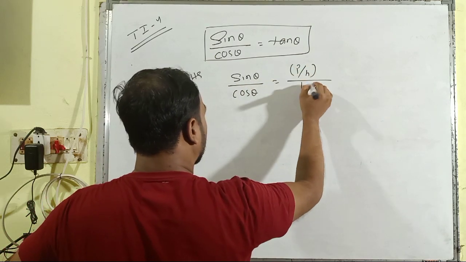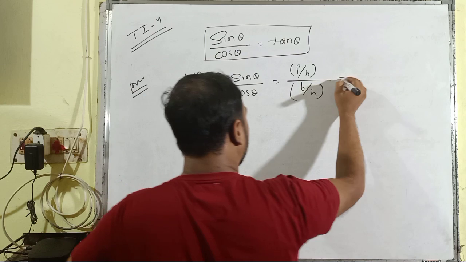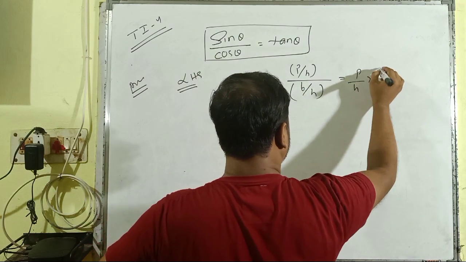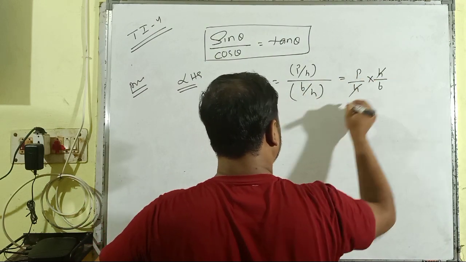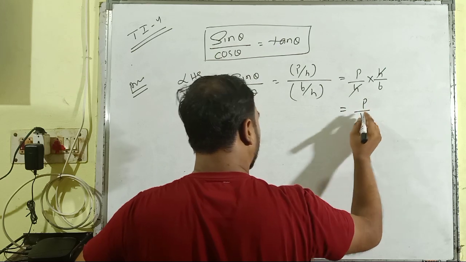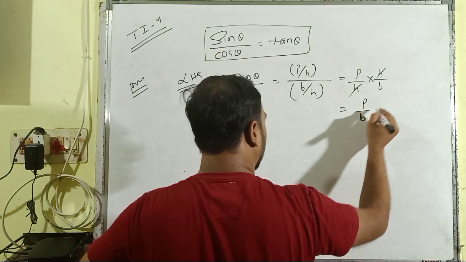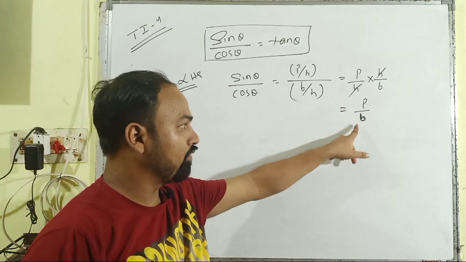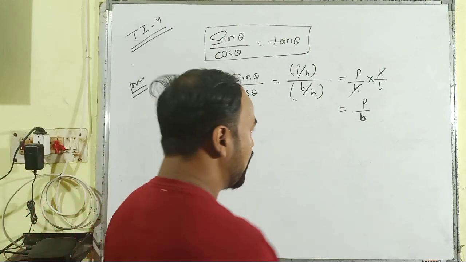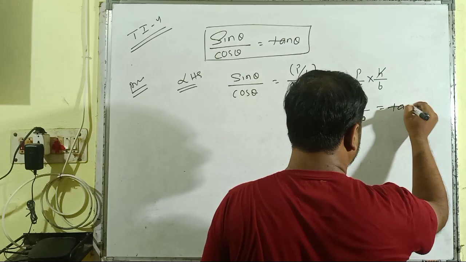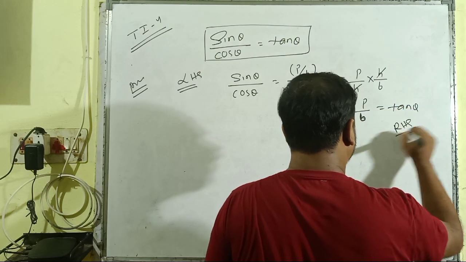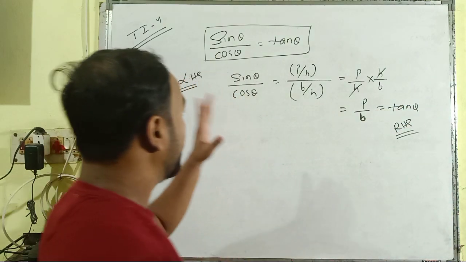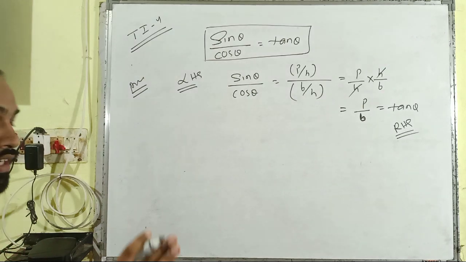The value of cos theta is b by h. Then it will be p by h multiplied with h by b. Cancelling both h from the denominator and the numerator, we have p upon b, and the ratio of perpendicular with base is none other than tan theta. So it is tan theta, which is the required right hand side part of the trigonometric identity 4.